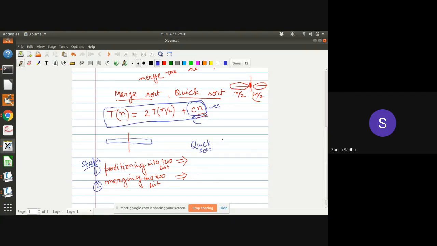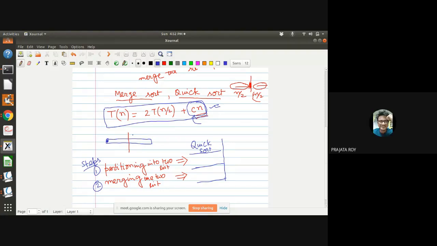In case of quick sort, tell me how much time it takes to partition the list into two parts. Please remember what happens in quick sort. You are taking the first element as the pivot and placing it at the proper position in the array. Am I correct?